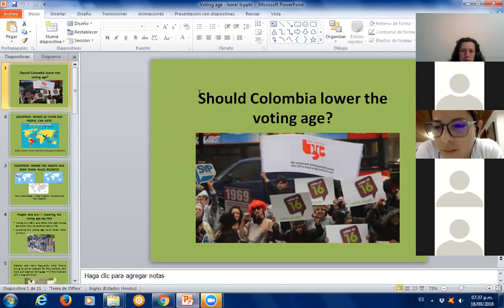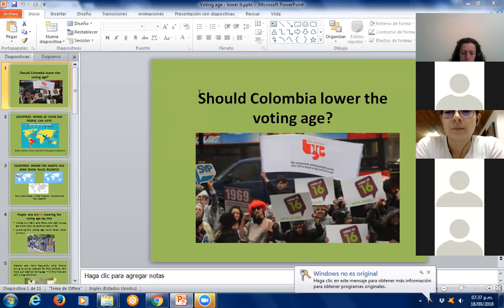Is that the idea? Yes, teacher. Some people want to vote but don't want other laws. The idea is the laws for all, they want to vote. Okay.